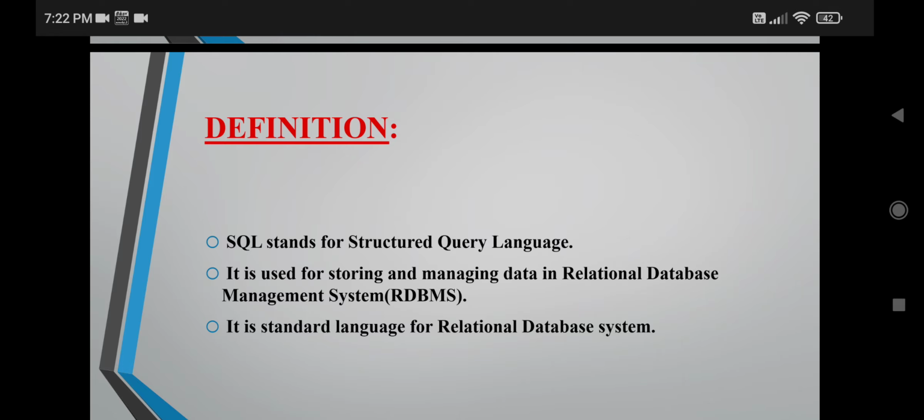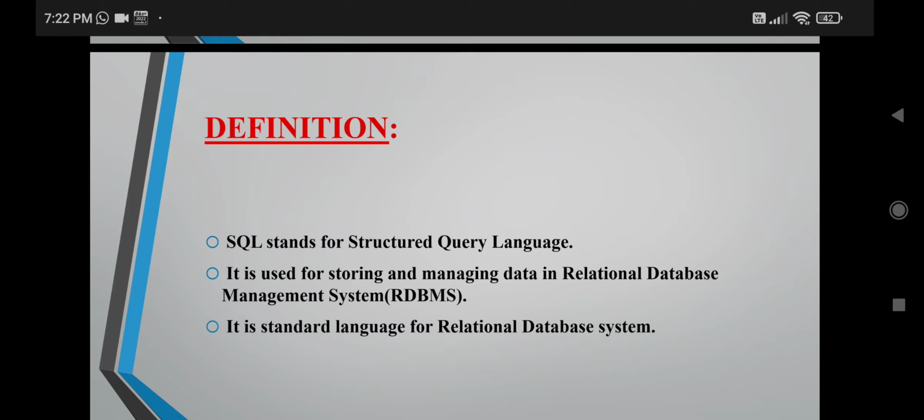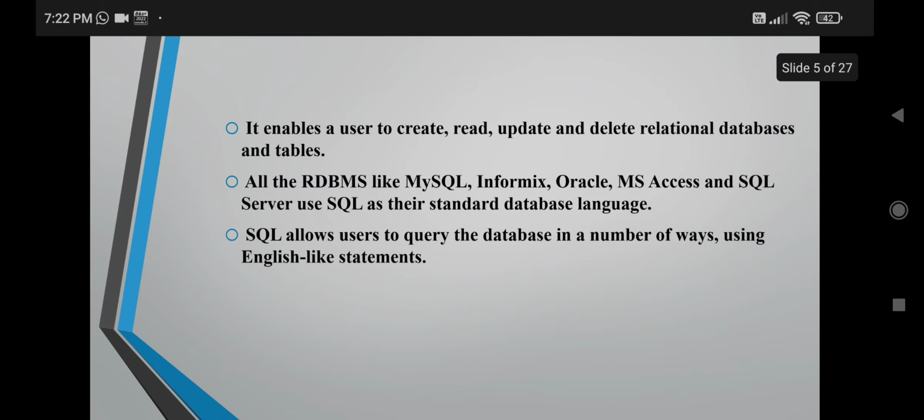Definition of SQL. SQL stands for Structured Query Language. It is used for storing and managing the data in a relational database management system. It is the standard language for relational database systems. It enables a user to create, read, update and delete relational databases and tables.